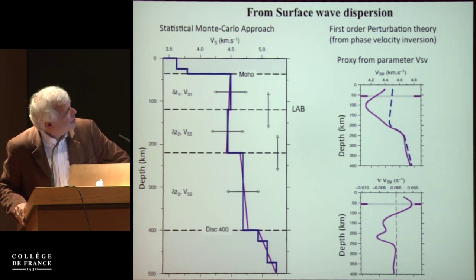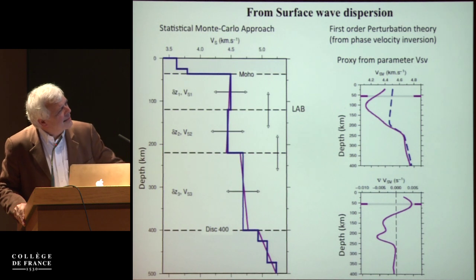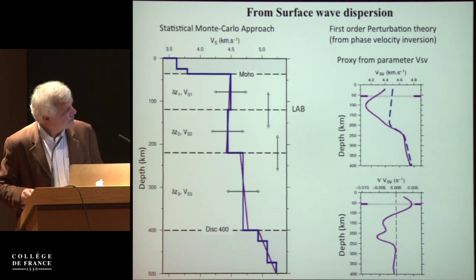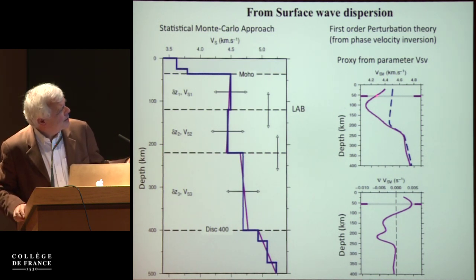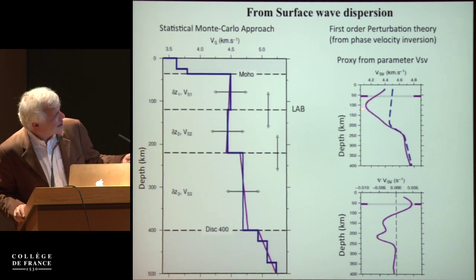In another technique, we use first-order perturbation theory. In that case, we have a gradient, and we assume that if we filter this kind of Heaviside function, the maximum of the gradient is related to the LAB. So it is the maximum of the gradient that we consider, and we consider that it is a good proxy for the LAB.